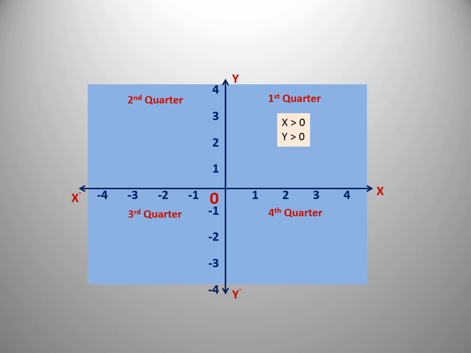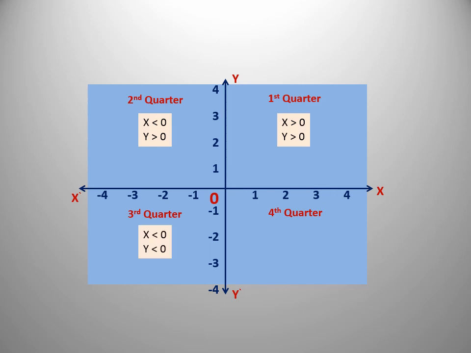So in the first quarter, x is more than 0 and y is more than 0. And in the second quarter, any point will have negative x and positive y. So x will be less than 0 and y will be more than 0.